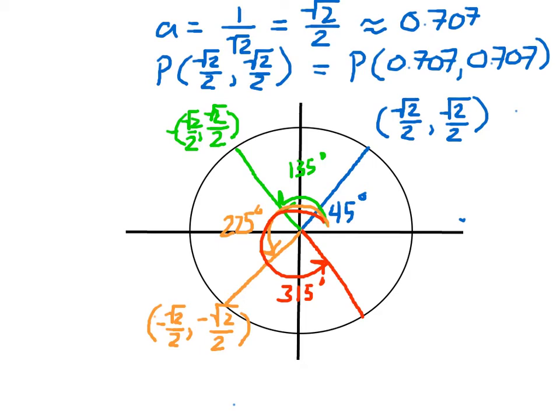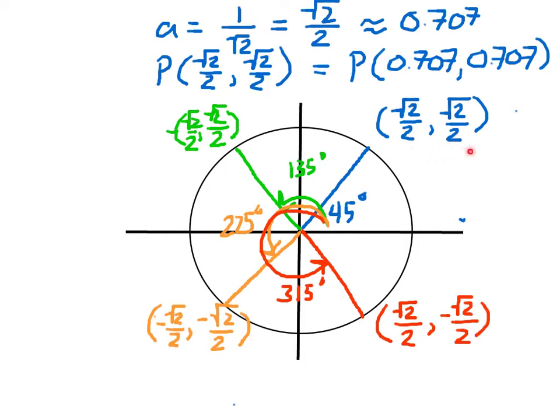And in the fourth quadrant, cosine is positive because the x-coordinate is positive. So I'm going to have an x-coordinate of square root 2 over 2 and a y-coordinate of negative square root 2 over 2 because sine and the y-coordinate are negative in the fourth quadrant.